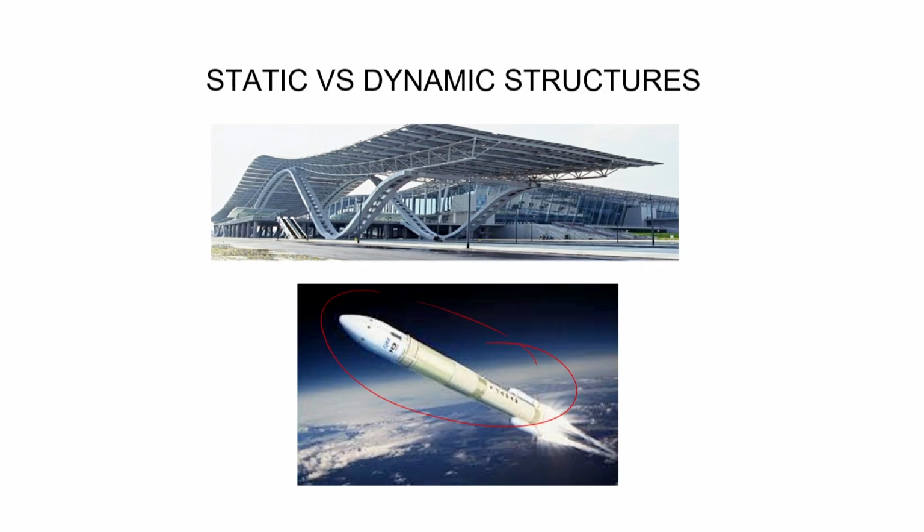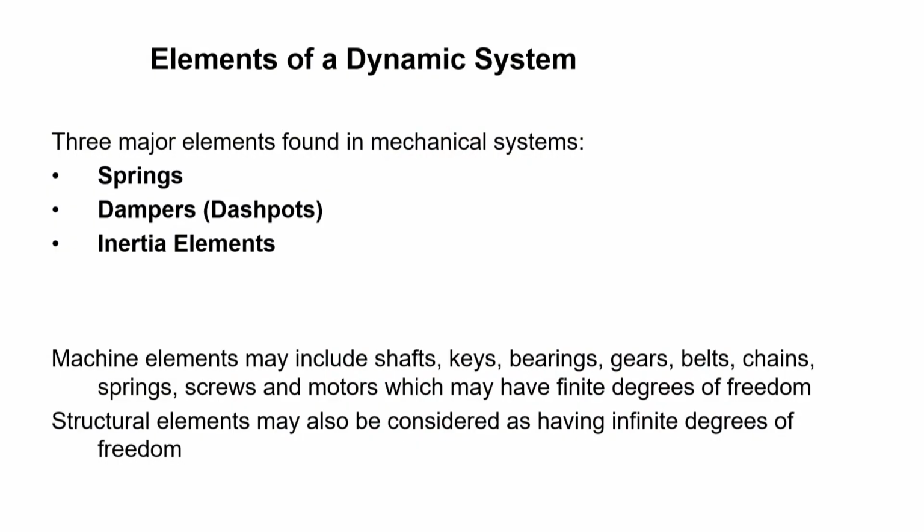In such structures there has to be some relative motion that moves the structure forward. If you have these types of structures, then there are three interesting elements that should be explored in terms of their design.